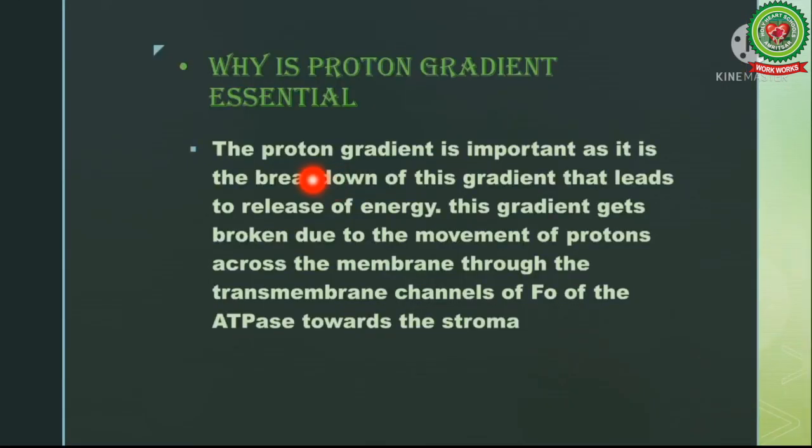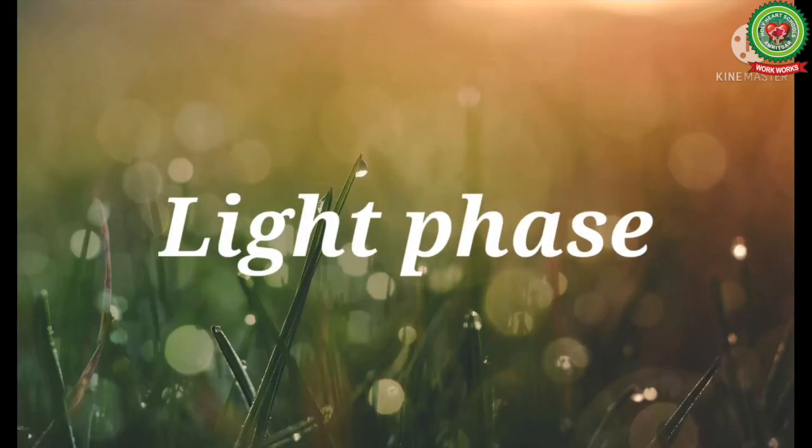The proton gradient is important as it is the breakdown of this gradient that leads to release of energy. This gradient gets broken due to the movement of protons across the membrane through the transmembrane channels of F0 of the ATPase towards the stroma. In this video, we have completed the first phase of photosynthesis, that is, the light phase.